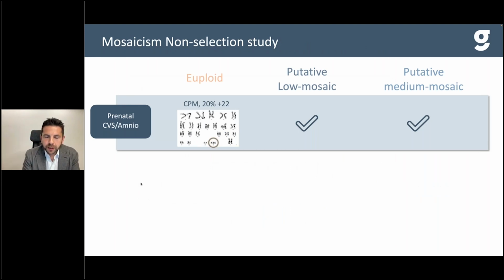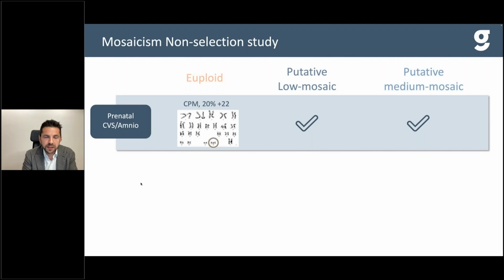Next, we could follow up pregnancies, particularly in the prenatal stage. We could collect some data of amniocentesis and CVS that were performed spontaneously by patients, because we did not indicate amniocentesis or invasive prenatal diagnosis during the course of this study.